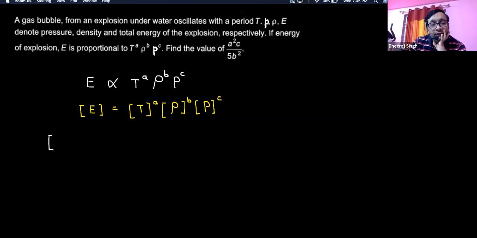Dimension of energy, you anyway know, right? mL² T^-2. Any form of energy should have this dimension.